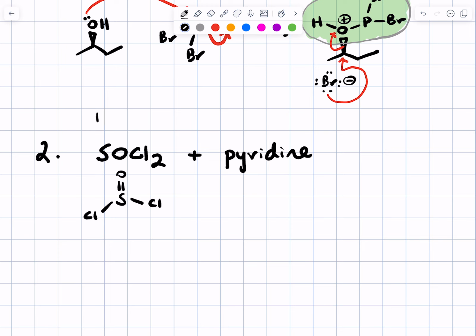This reagent has a name as well other than SOCl2, but most people that I've ever interacted with in the class don't bother learning that, but if you want to sound posh, you can talk about thionyl chloride. But I don't know that it's necessarily worth that. Pyridine is a base. It looks like this. It's like benzene, only one of the CH's has been replaced by a nitrogen. Pyridine's a decent, moderate strength base.